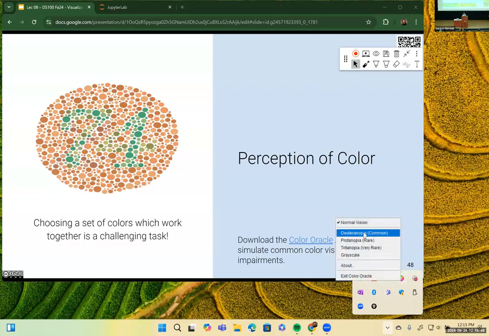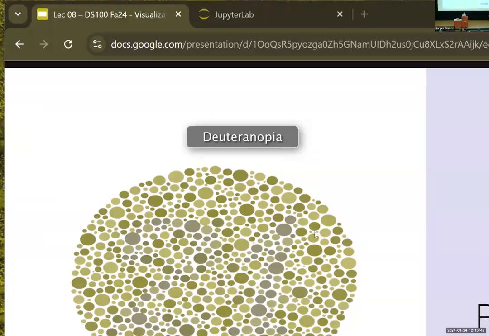So for example, if I go ahead and simulate this view, you could kind of guess that there is some number in the center, but it's really hard to see. And again, you can simulate for different types of color deficiencies, and then you would be able to see if your plot is accessible or not.